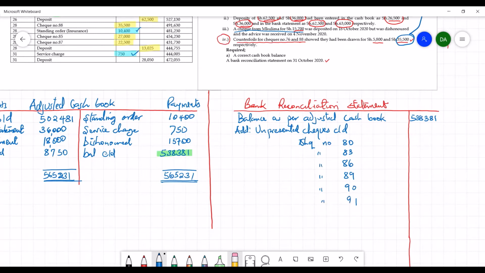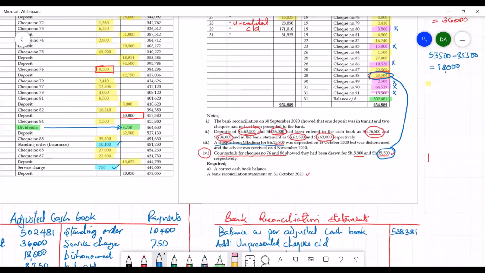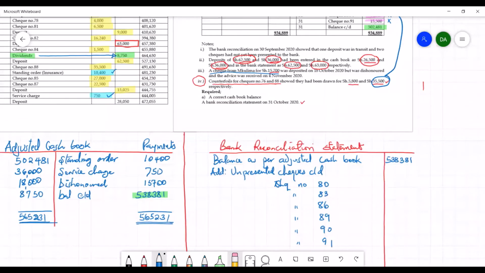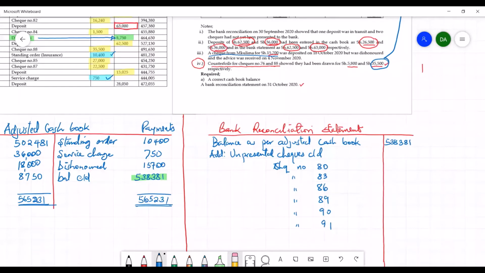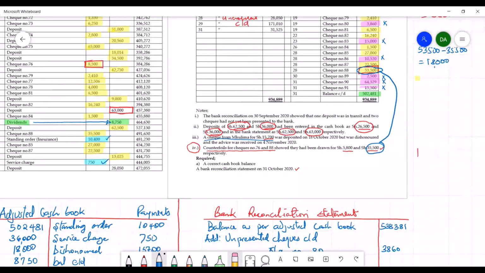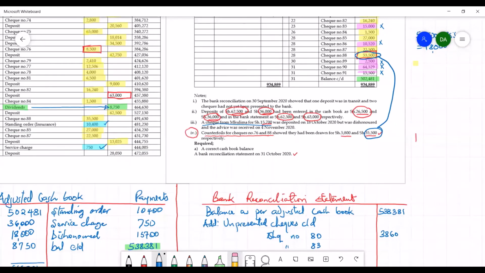So check number 80, if you can see here, a check which was written but not presented yet, the amount is 3,860. Followed by check number 83, which is 15,000.